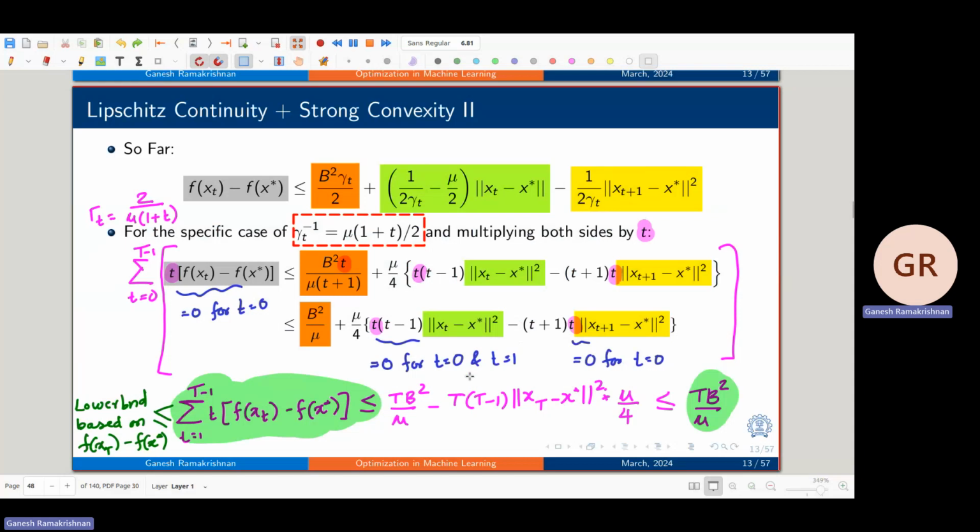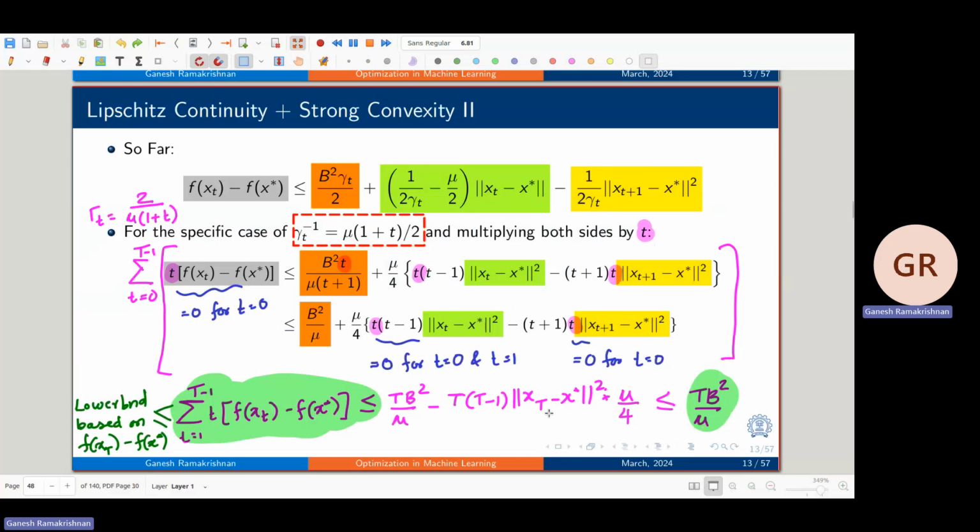This expression will be 0 for t equals 0 and t equals 1, and this expression will be 0 for t equals 0. So after summation, on the right hand side, you'll have t times b square by mu, and t into t minus 1 of xt minus x star square into mu by 4. This will remain. Otherwise, all the successive terms will get cancelled out.